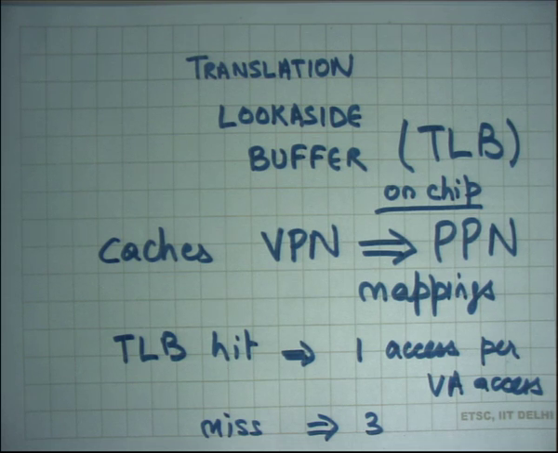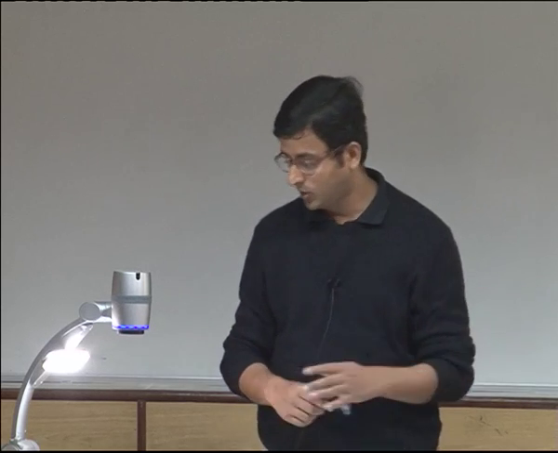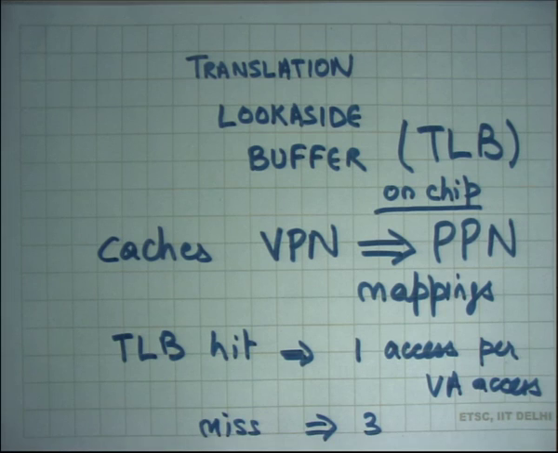Otherwise the whole idea of paging falls flat if the TLB hit ratio was not high enough, because segmentation was giving me a very fast translation. If paging is giving me a 2x overhead on every memory access, that's not acceptable. Fortunately most programs have a very high locality of access, especially because we are dividing the address space into page level granularity.